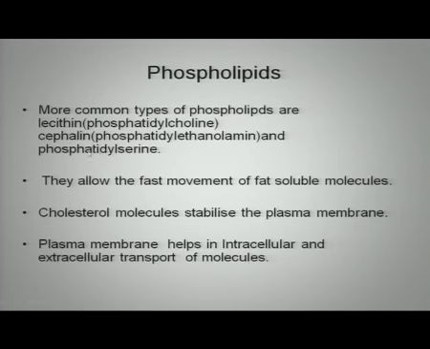So, these are the different types of phospholipids that are commonly seen in the plasma membrane. They allow the fast movement of fat soluble molecules. Cholesterol molecules stabilize the plasma membrane. Plasma membrane helps in intracellular and extracellular transport of molecules.